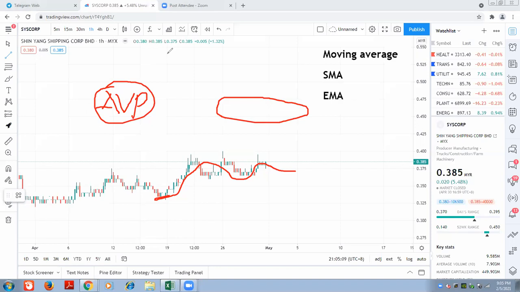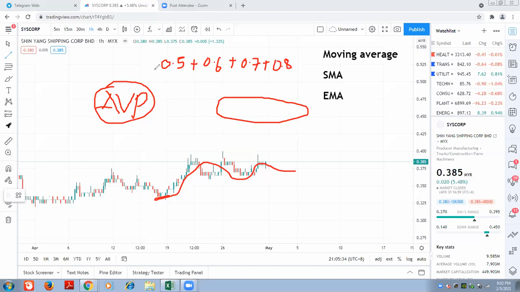mathematics. Let's say today's price is 0.5, and then tomorrow, let's say 0.6, and then 0.7, and then 0.8.